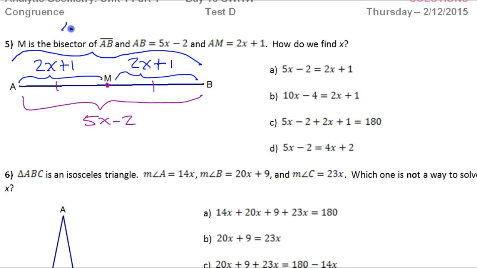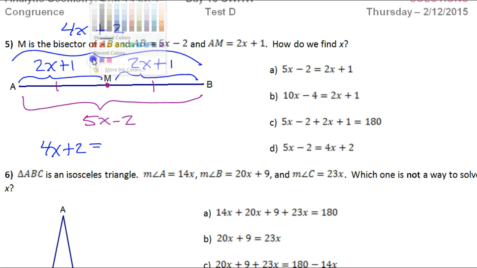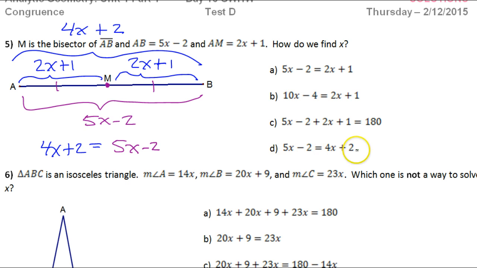Combining your like terms, this gives us 4x plus 2. On the blue side we have 4x plus 2, and on the purple side we have 5x minus 2. So 4x plus 2 should equal 5x minus 2, and that's what we have here for option D. So we could solve this using equation D.